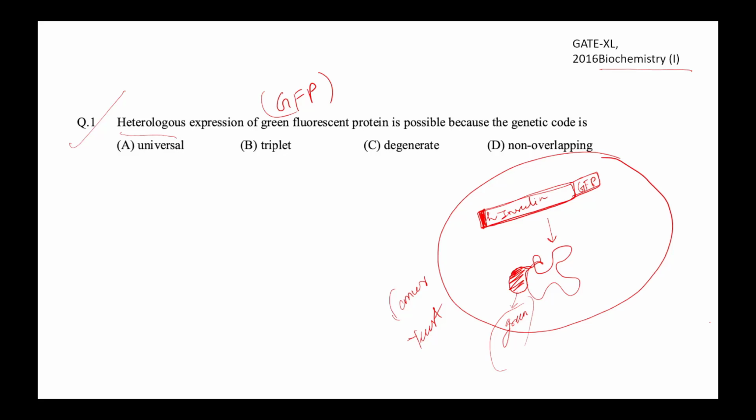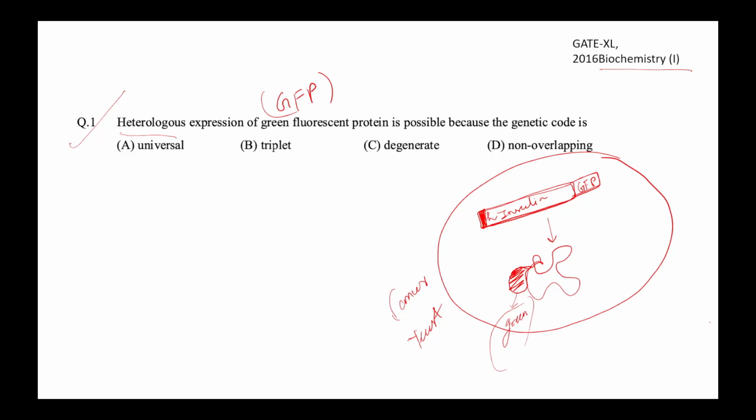If the green color is coming from the nucleus, that indicates the protein is present in the nucleus, or in the mitochondria or some other organelle. That is the beauty of GFP, widely used in our cell biology and molecular biology experiments. So that is why it is very important that this protein should overexpress, or be produced, in different kinds of systems.